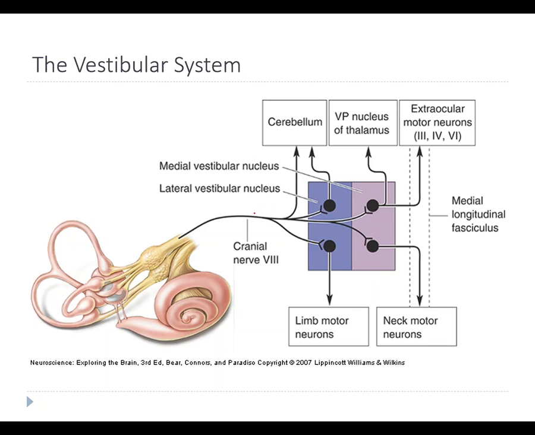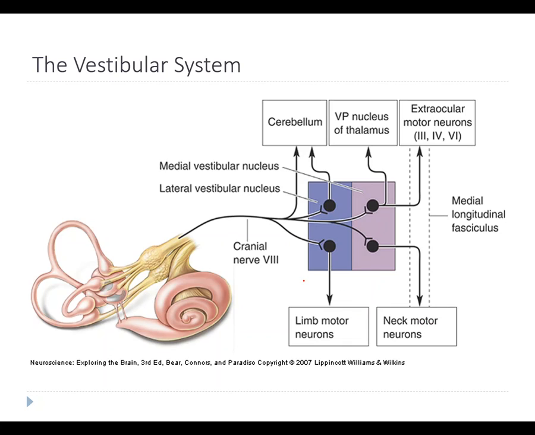And there's also a projection from the cranial nerve 8 directly to the cerebellum, but there's also a projection from the lateral vestibular nucleus to the cerebellum. We'll talk about the cerebellum more later because it's important in controlling certain types of movement. There's a projection from the lateral vestibular nucleus directly to the limb motor neurons and to the neck motor neurons.